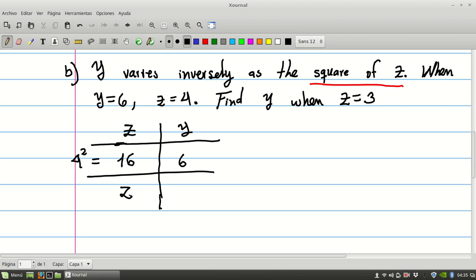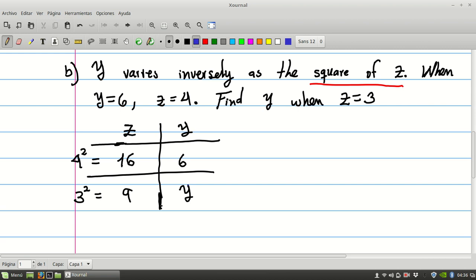And we want to find y when z equals 3, but it's the square of z, so 3 to the second power, 9. Okay, but in this case this is an inverse variation.